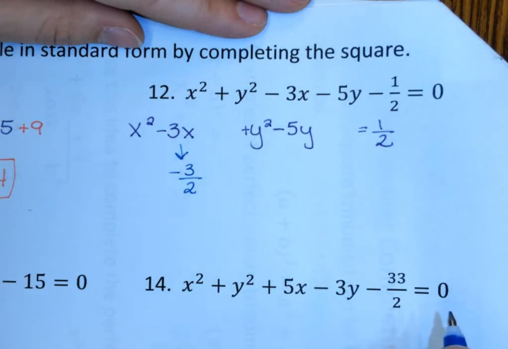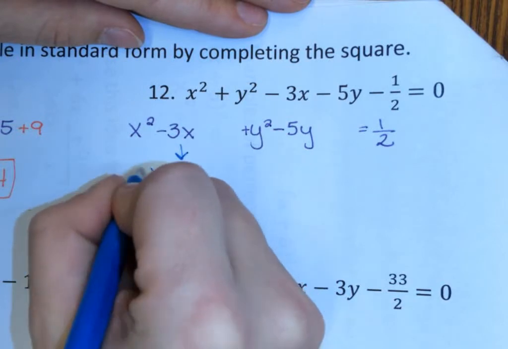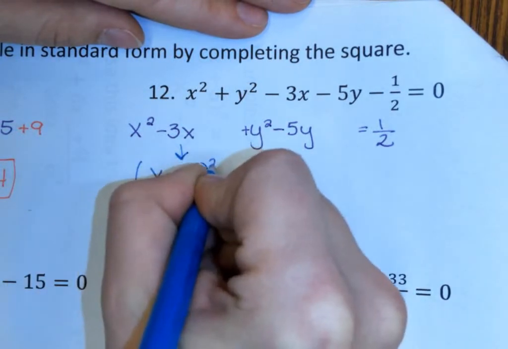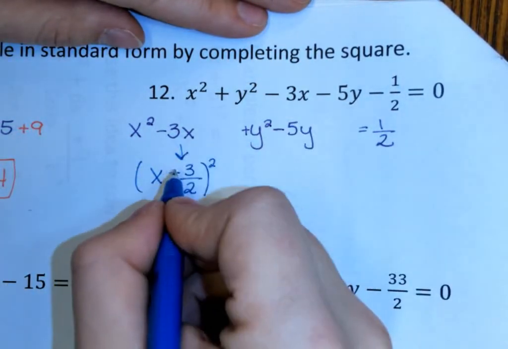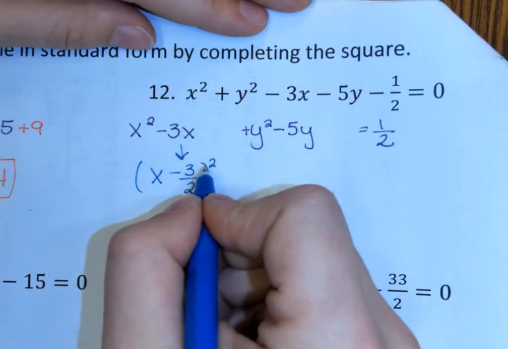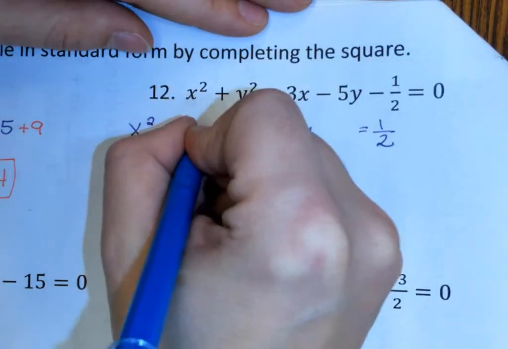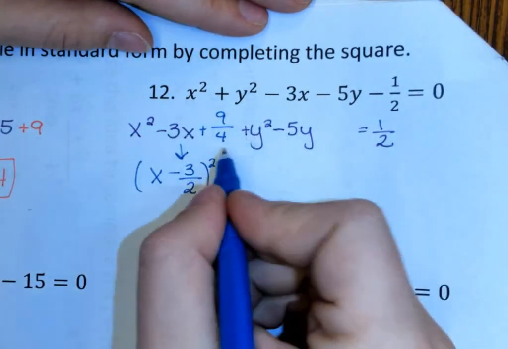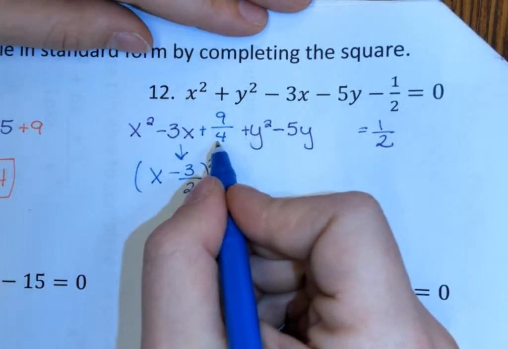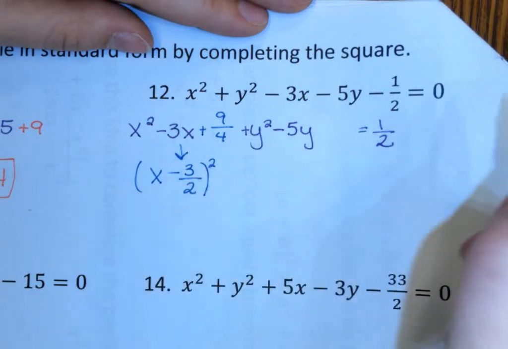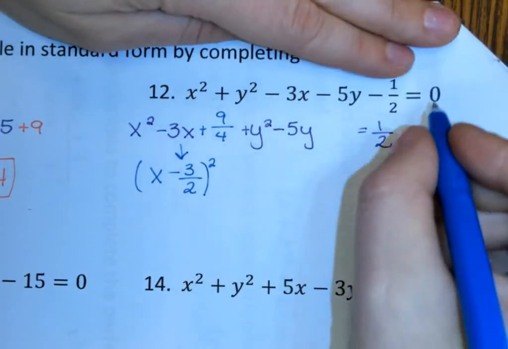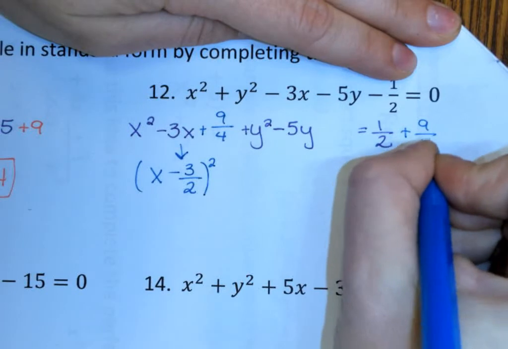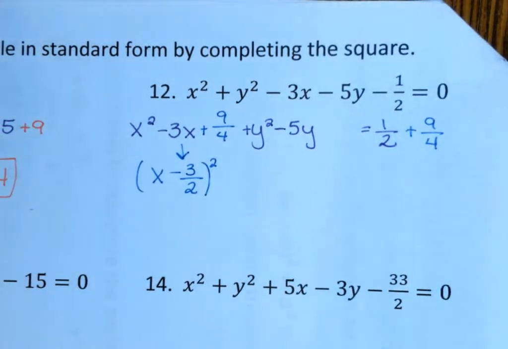Decimals here, unless you've got a calculator, tend to make life harder. So I'm going to have x minus 3/2, and I'm going to square that. What is -3 squared? 9 over 4. And if I add 9/4 to this side, add 9/4 to this side. Not yet. We're not done yet. Slow your roll.